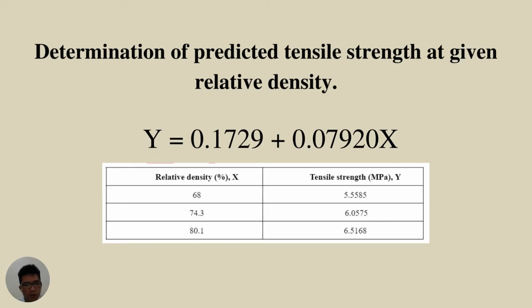We substitute the value 68, we get 5.5585. We substitute the value 74.3, we get 6.0575. Then we substitute the value 80.1, we get 6.5168.